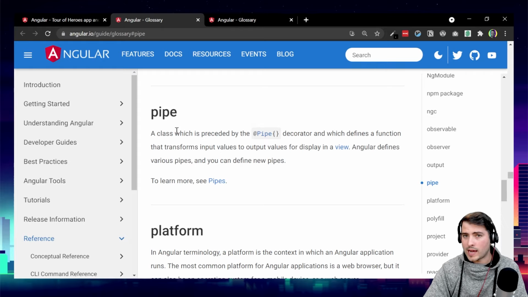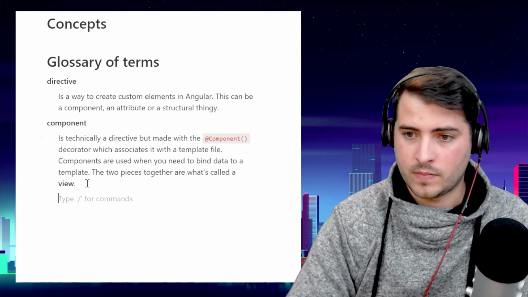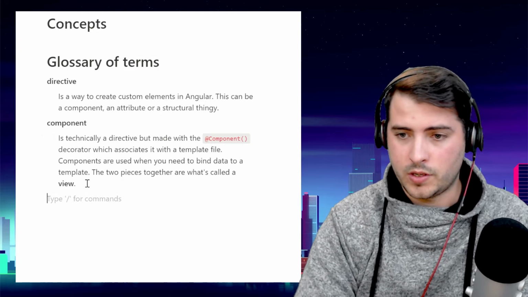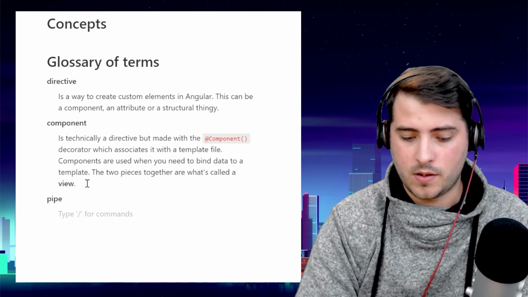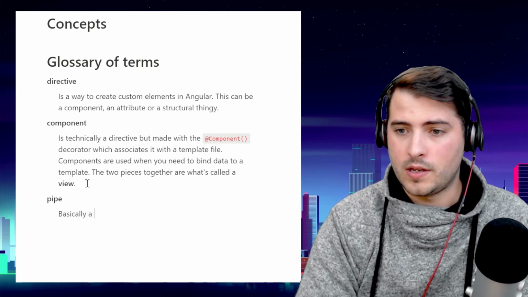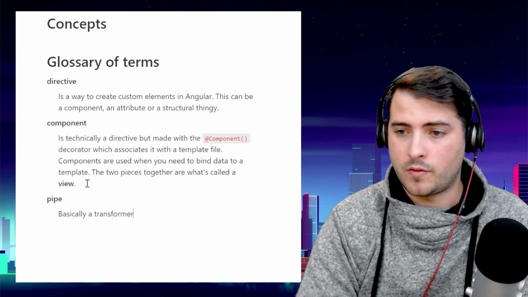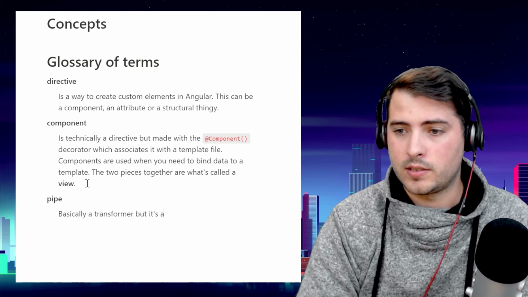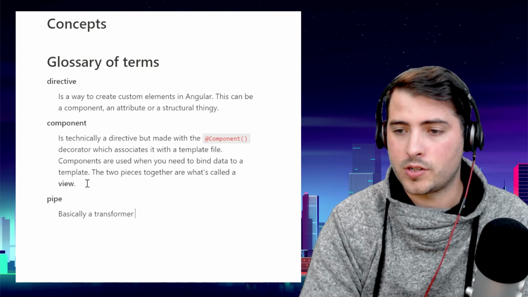Basically, it sounds like a class that just has a function that runs like a transformer. We'll say pipe, and we'll say basically a transformer, but it's a transformer function.